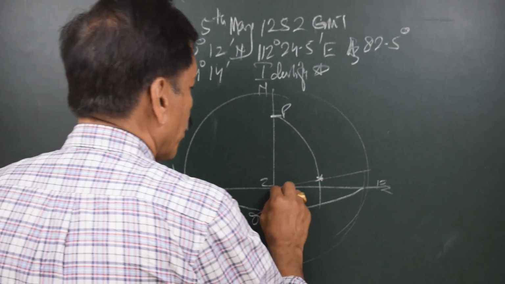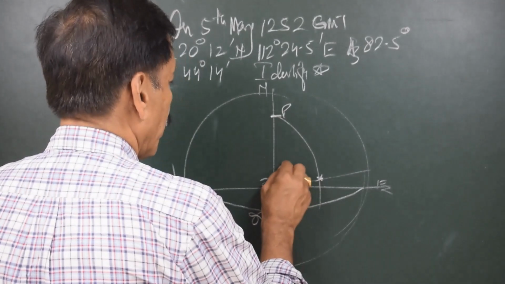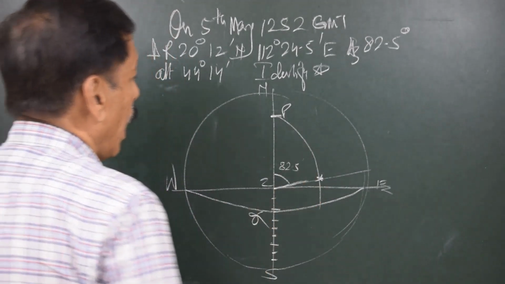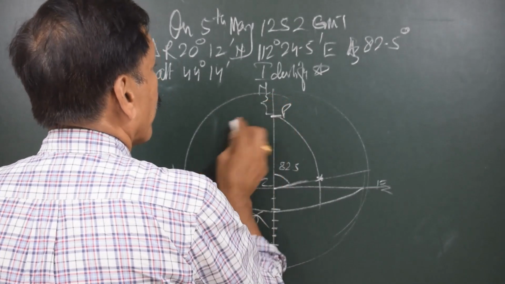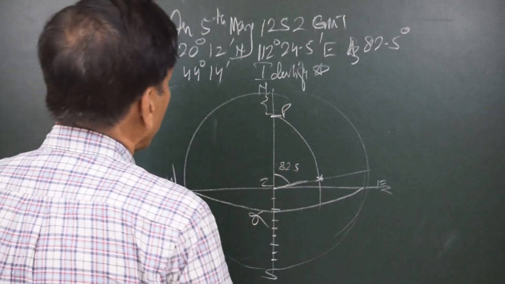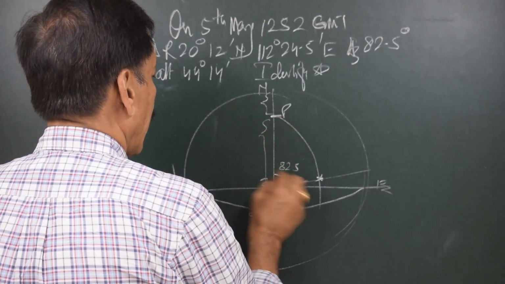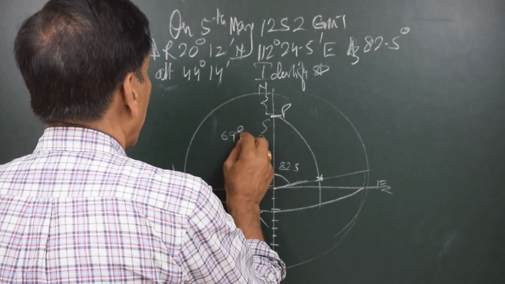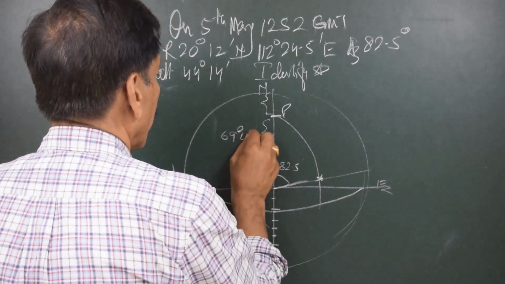The various things which are available are, one is azimuth 82.5 degrees, and when we have the latitude, which is 20 degrees 12 minutes, we have the PZ as 69 degrees and 48 minutes.